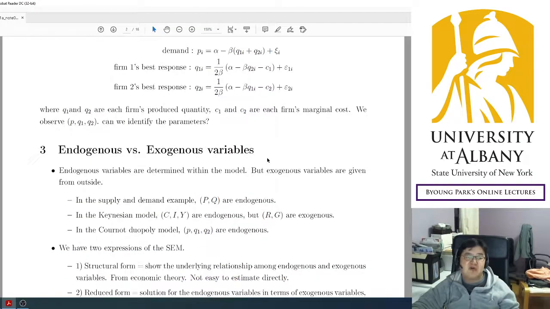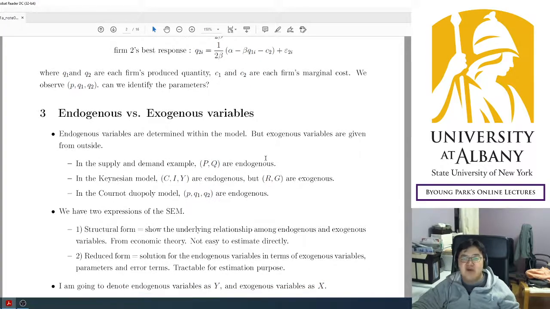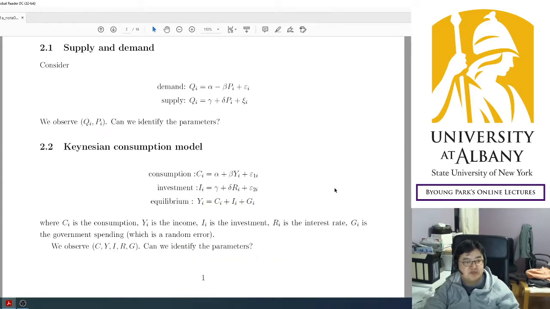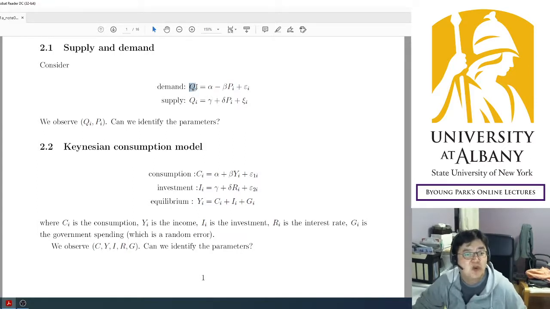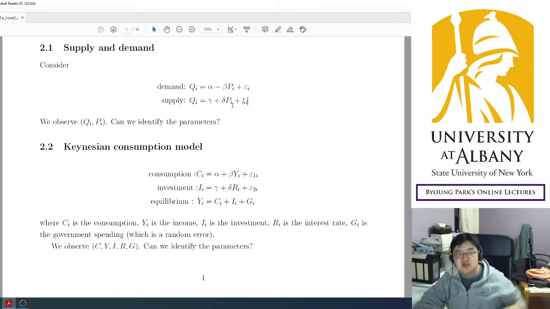That is the structural form. On the other hand, the reduced form is a more convenient expression of the equations. The reduced form is a solution for the endogenous variables in terms of exogenous variables. For example, go back to the supply and demand example. In demand and supply, both equations are a function of Q. So Q is this and Q is this, which is not convenient. What you want here is Q equals something and P equals something.